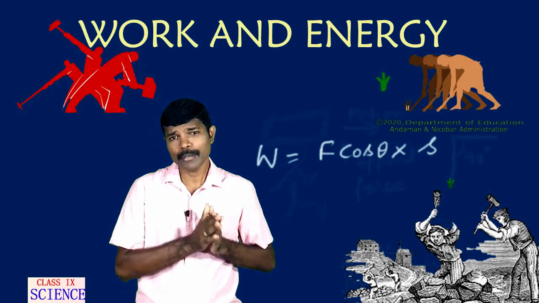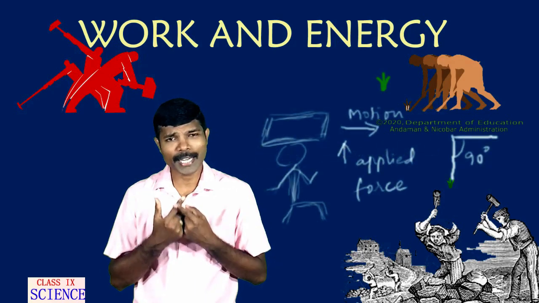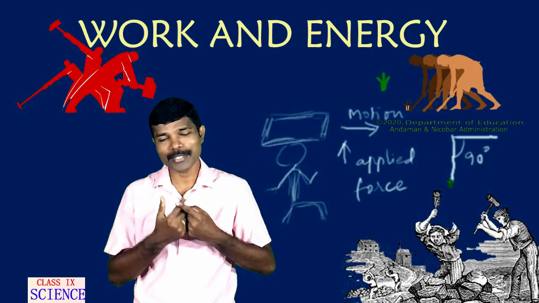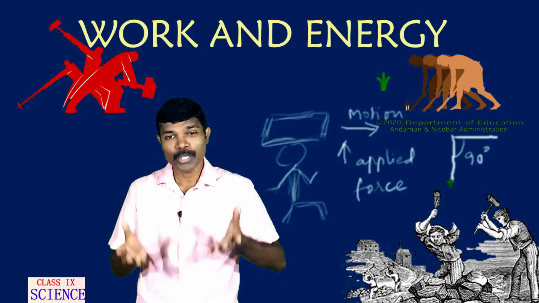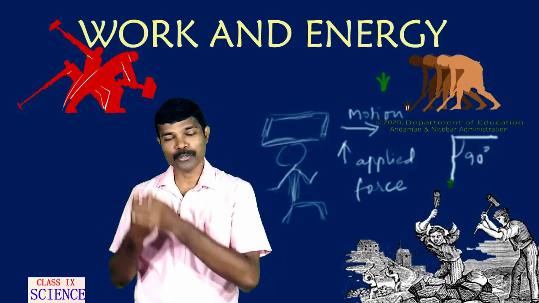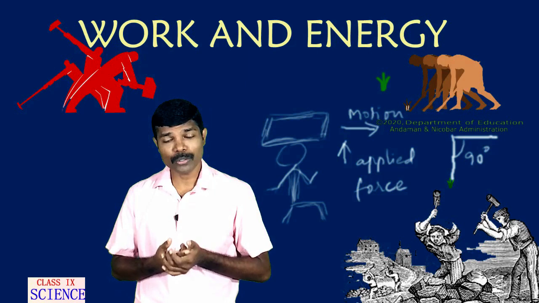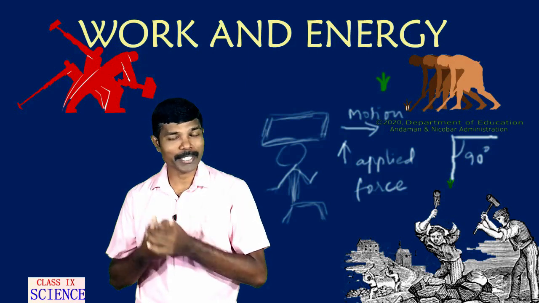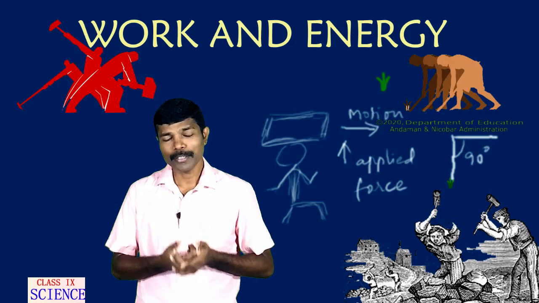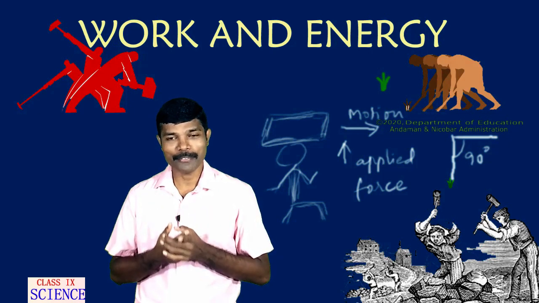Work done when the force acts at a right angle to the direction of motion, in that case we have seen 0 work is done on that object. Suppose you are carrying a heavy load on your head and walking some distance. In that case the work done will be 0. Although you are moving the object certain distances, the total work done on the object which you are carrying on your head will be 0.